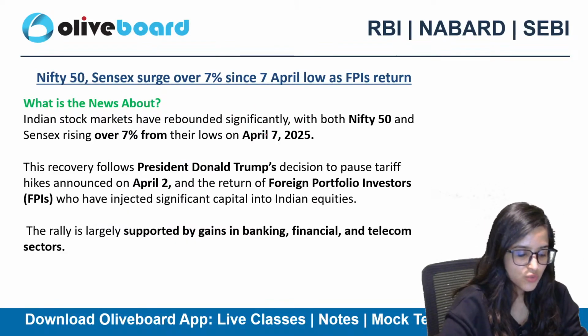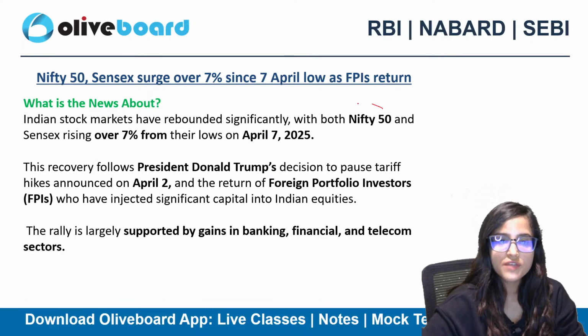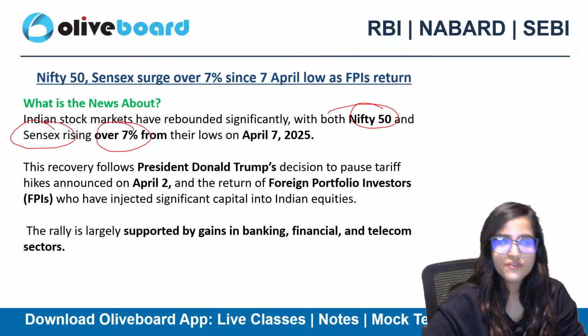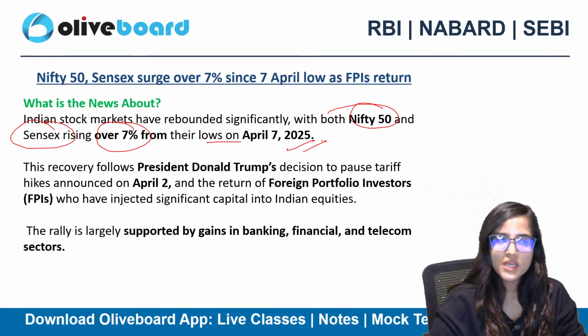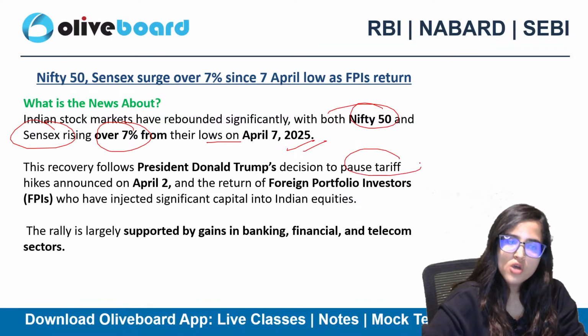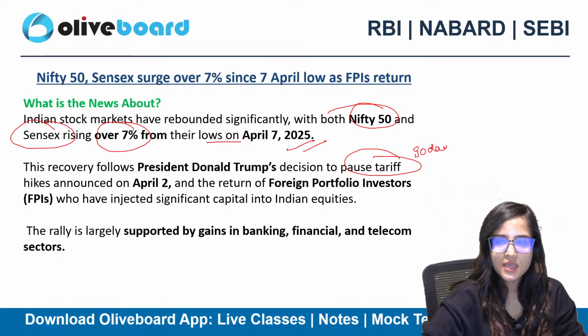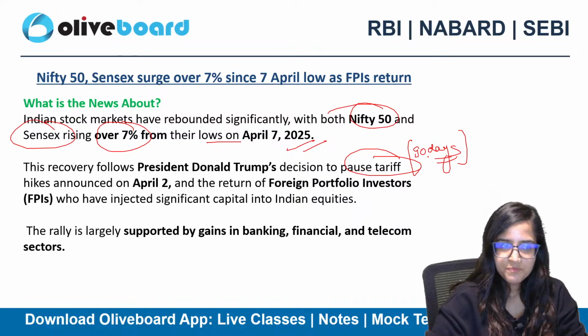Again, this news is related to that only: the Indian stock market, with both Nifty 50 and Sensex, rose over 7%. They were at an all-time low on April 7th, and now they have performed well, because Donald Trump has paused the tariffs for 90 days.